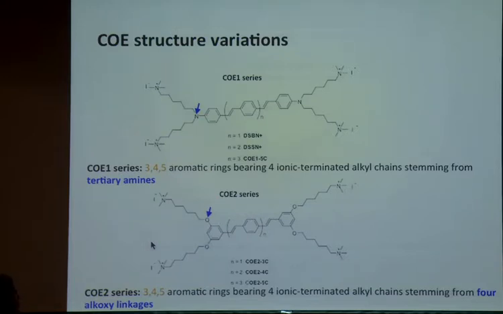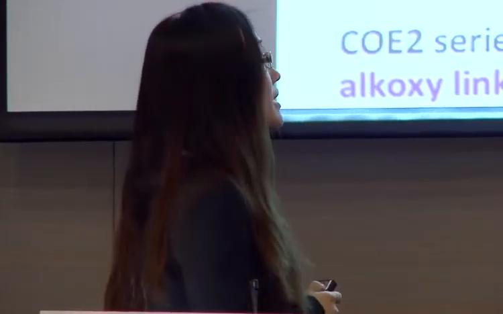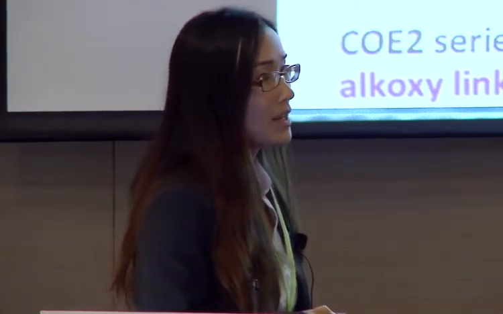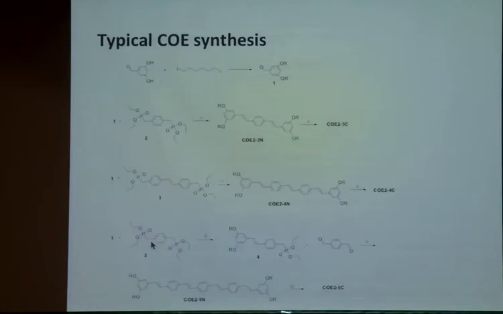We'll put all six different molecules into the MFC and see how they improve the performance, and hopefully we'll find out how those structure variants change or modify the COE performance.